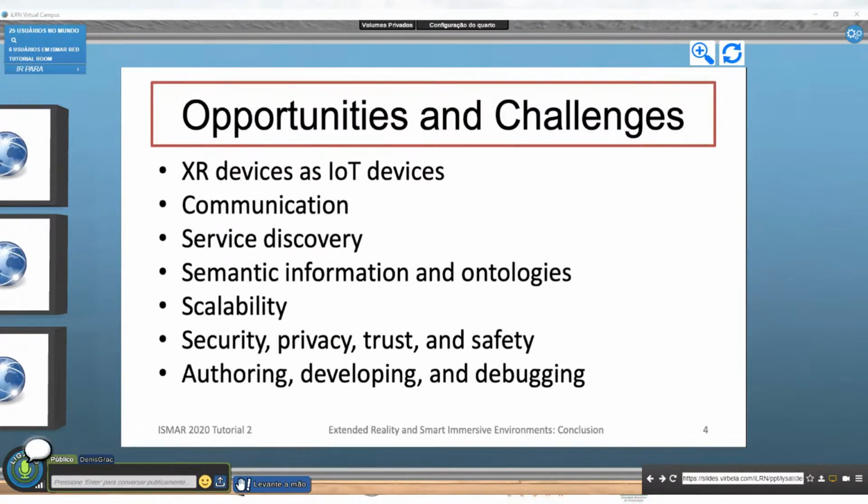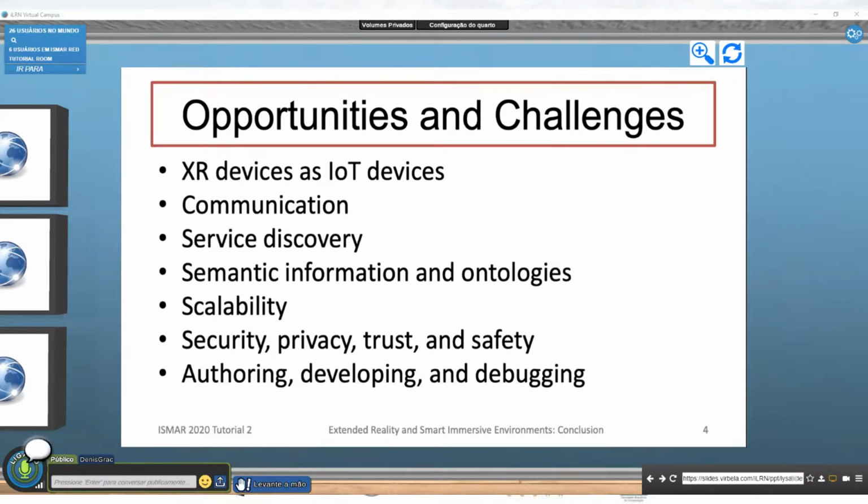that we are facing when dealing with smart immersive environments and extended reality is that we need to look at extended reality devices as IoT devices so that they can be fully integrated.